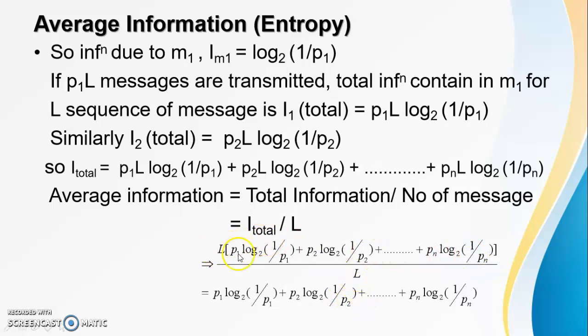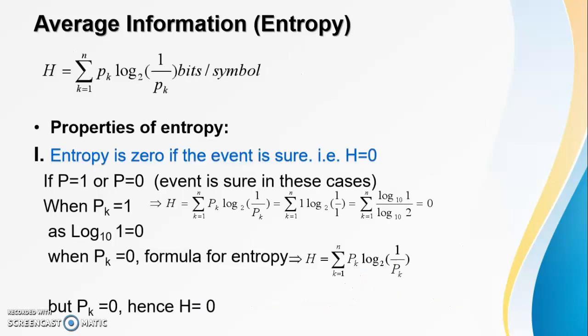This L and L can be cancelled, so only this part remains. In summation form, it can be written as H equals the summation of k equals 1 to n of Pk log 1 by Pk, bits per symbol. This H is represented as average information or entropy. Symbolically, it is written as H, and the unit of entropy is bits per symbol.